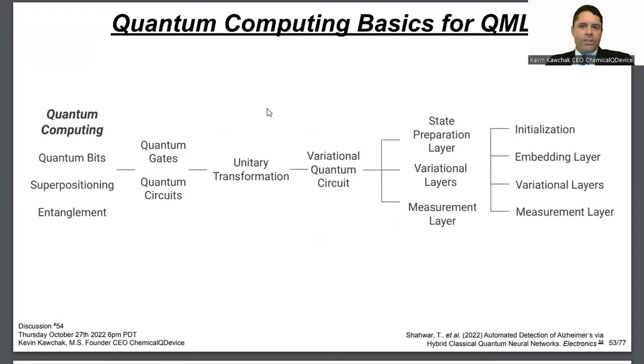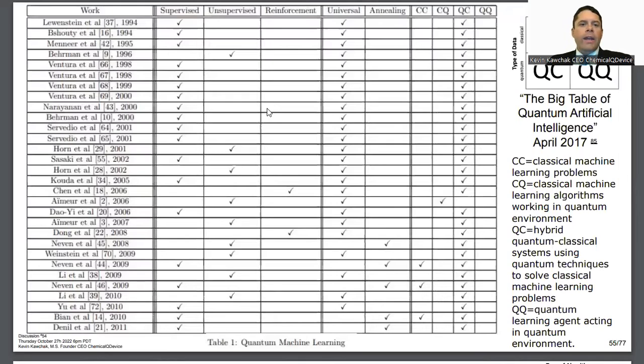For those that haven't seen, there's a number of awesome resources out there. This is pulled from a paper in electronics, and this is more just the fundamentals of quantum computing, gates, transformations, and so on. And in this one, if you haven't caught it in previous episodes, this is the big table of quantum artificial intelligence.